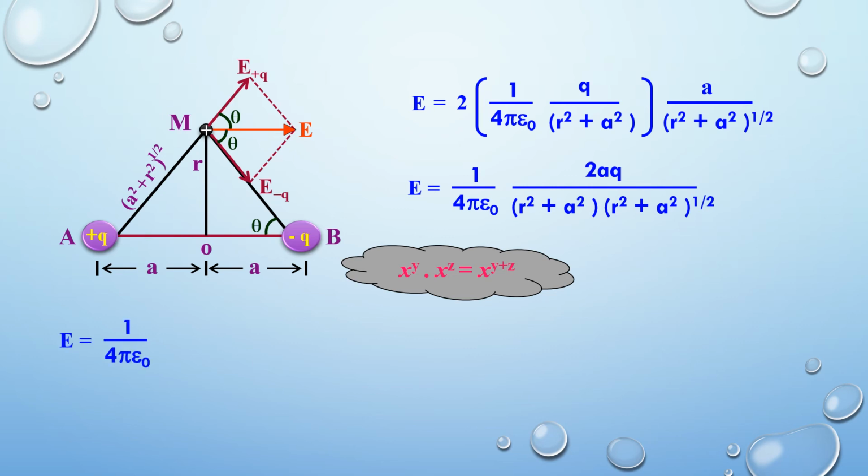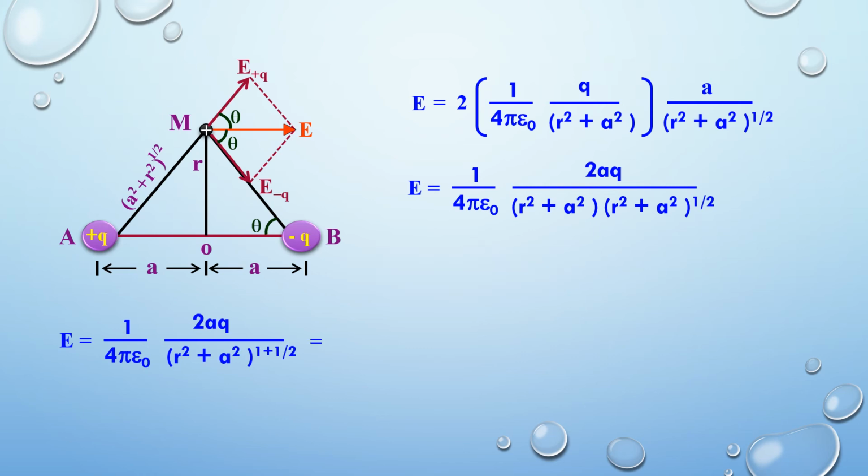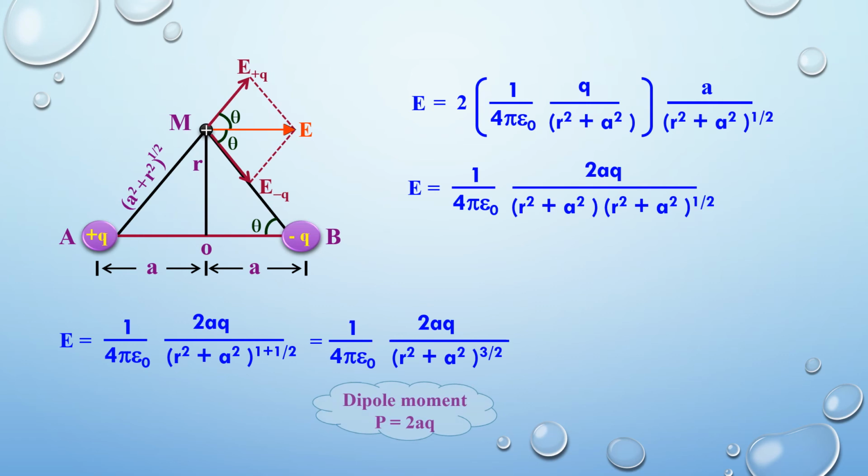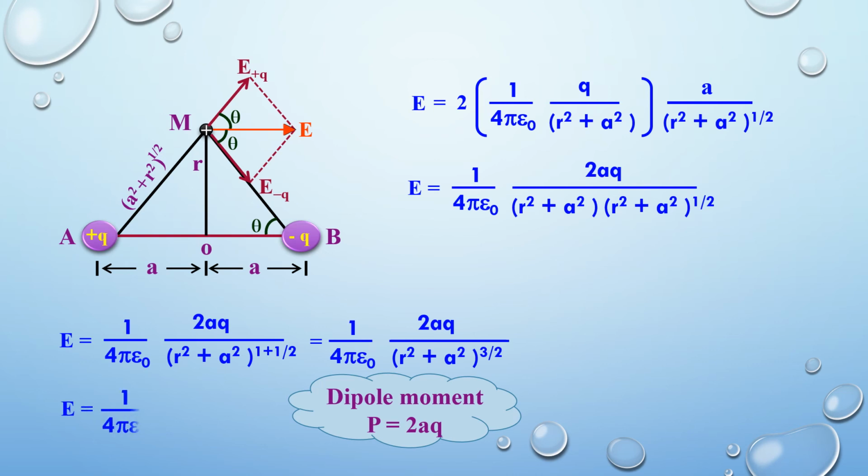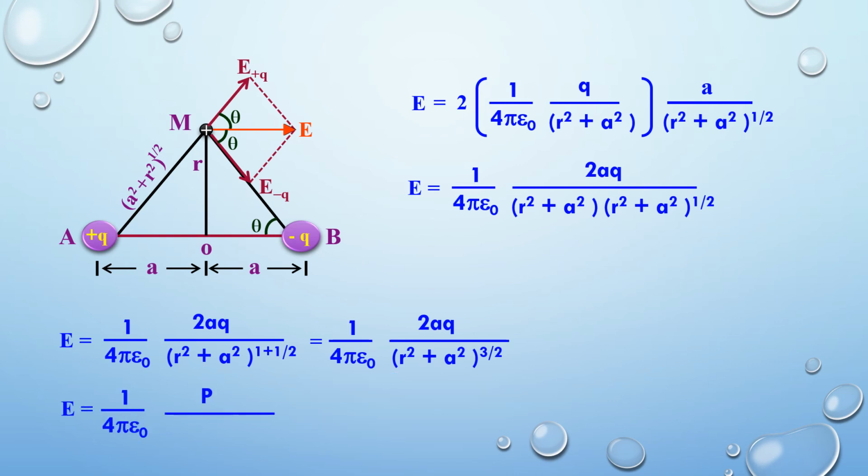Therefore, E is equal to 1 upon 4 pi epsilon naught 2aq upon r squared plus a squared raised to 1 plus half, which is equal to 1 upon 4 pi epsilon naught 2aq upon r squared plus a squared raised to 3 by 2. We know the dipole moment P is equal to 2aq. So I get E equal to 1 upon 4 pi epsilon naught P upon r squared plus a squared raised to 3 by 2.